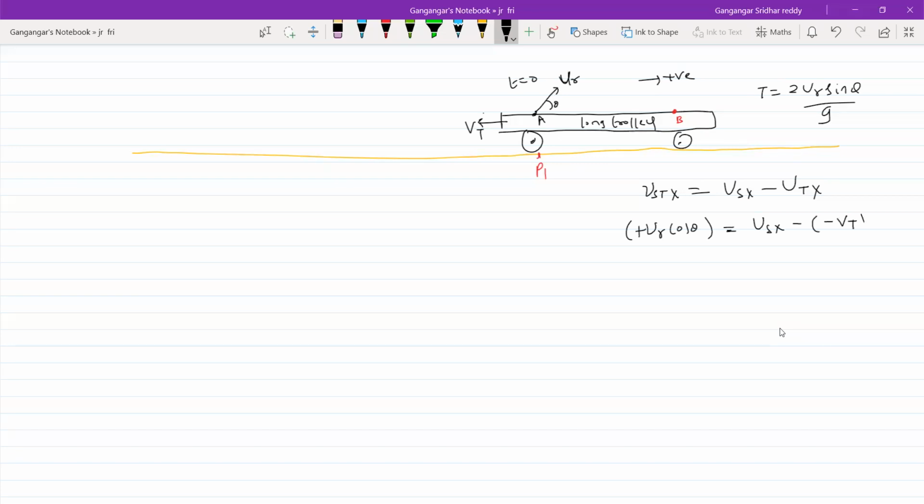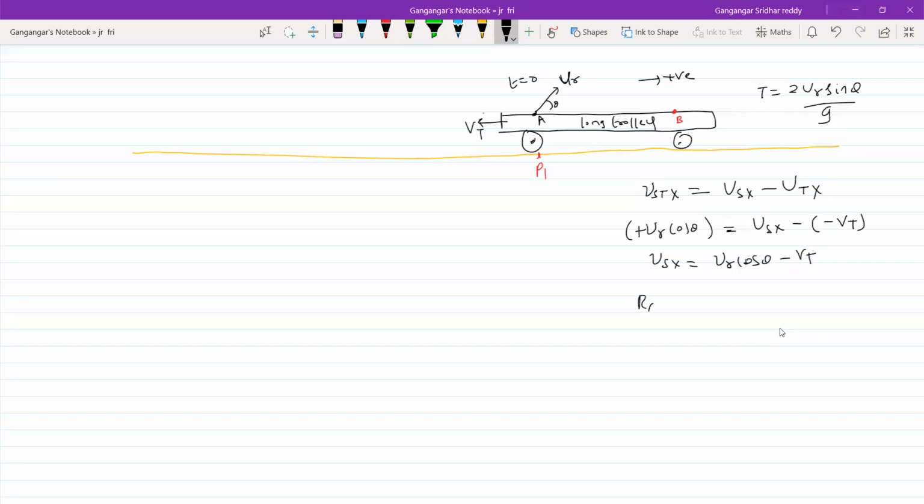That of the trolley. So our final velocity of stone with respect to ground will be ur cos theta minus vt.